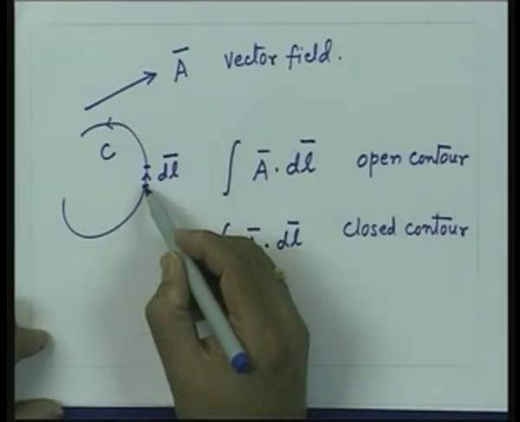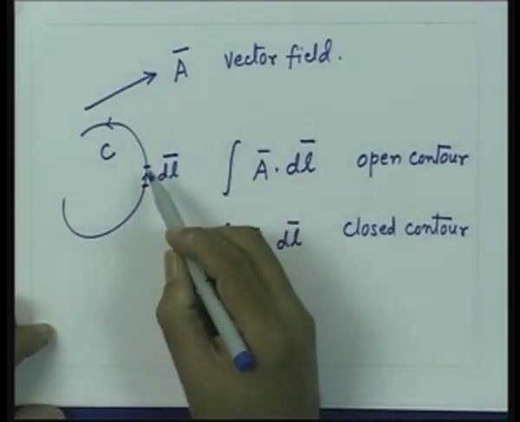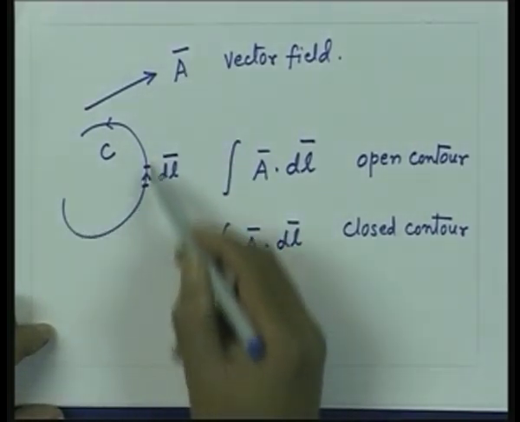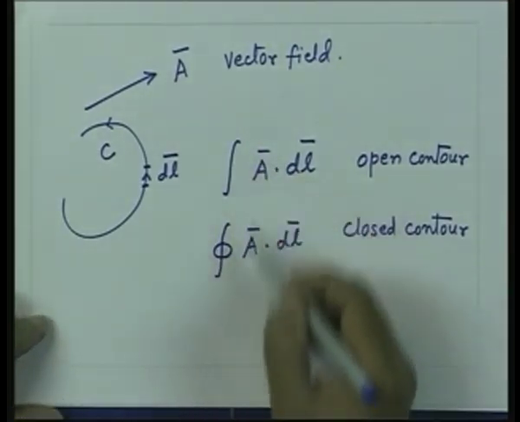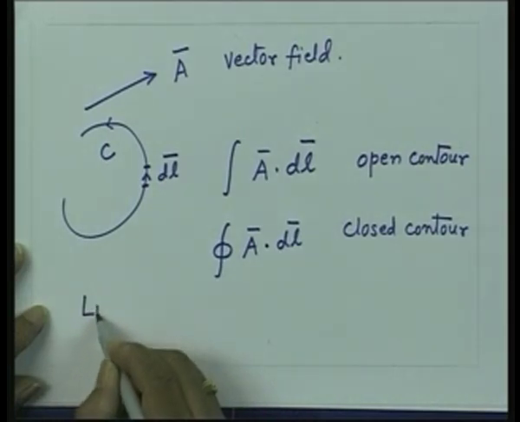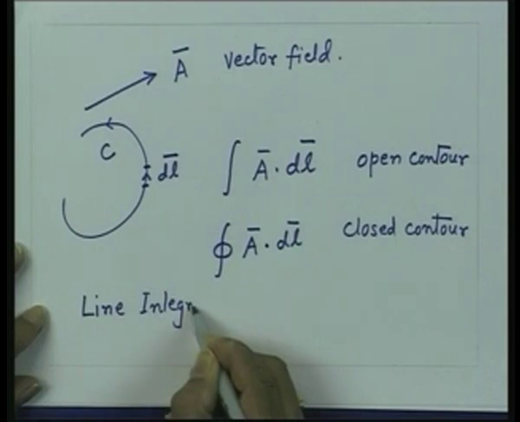So, at every location essentially what we are doing is we have this vector A, we find out the dot product of A and dl at every location, you add up that along the contour, and that is this line integral. So, this is the line integral.